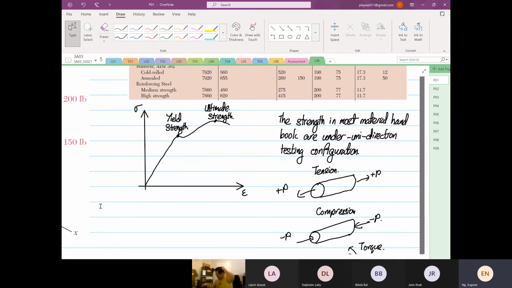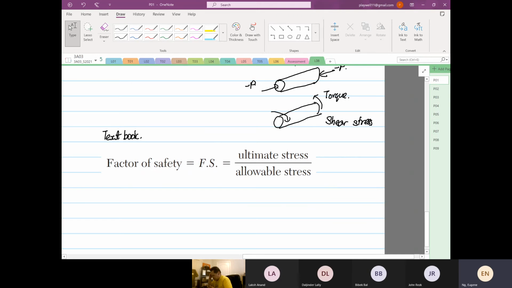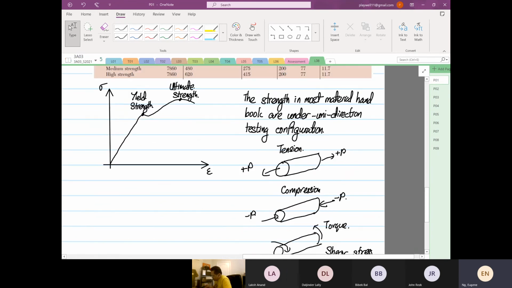So this is what the textbook says, the formula. The textbook is not wrong, but what if I want to be more conservative, like Bebek said, and use yield strength?